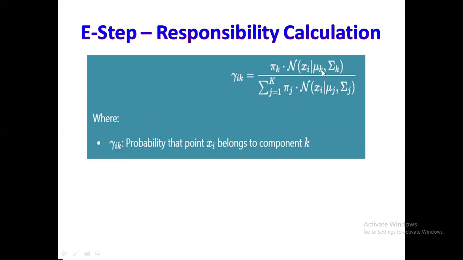This is calculated using Bayes theorem: pi_k times N(xi | mu_k, Sigma_k) divided by the summation over j of pi_j times N(xi | mu_j, Sigma_j). So the responsibility represents a soft assignment, meaning a data point can partially belong to multiple clusters rather than being assigned to just one as in hard clustering.